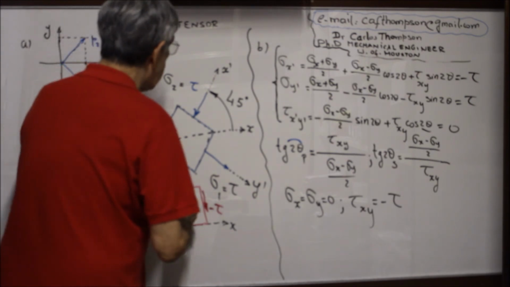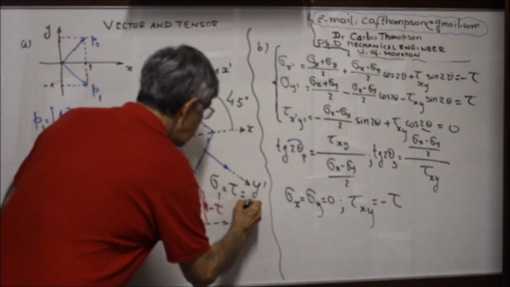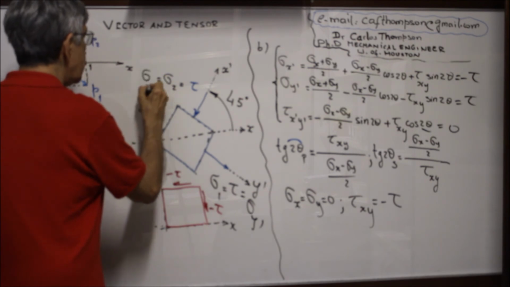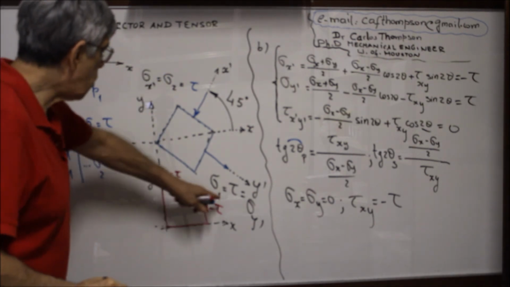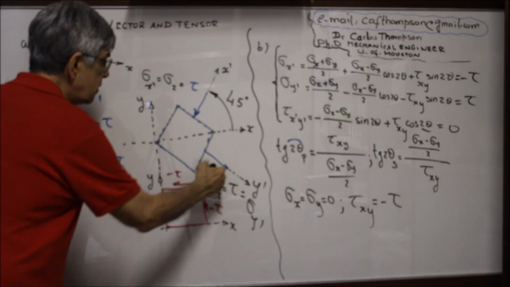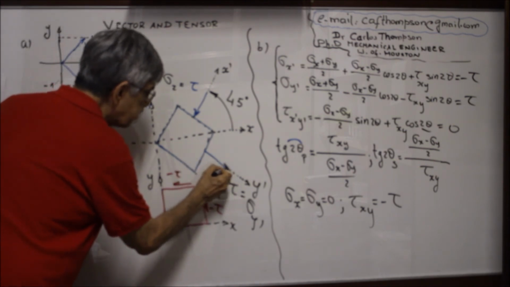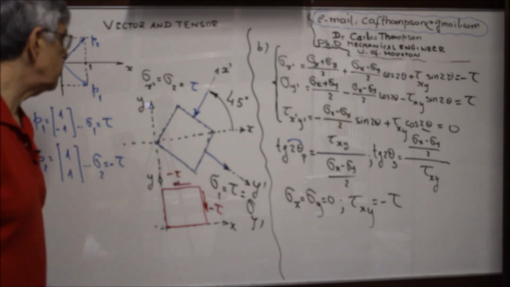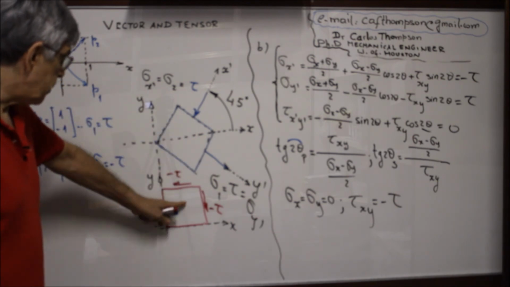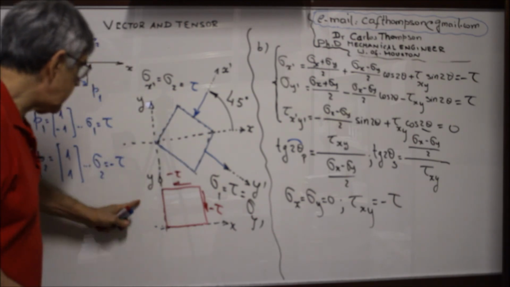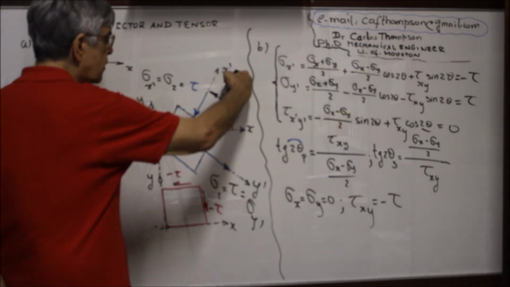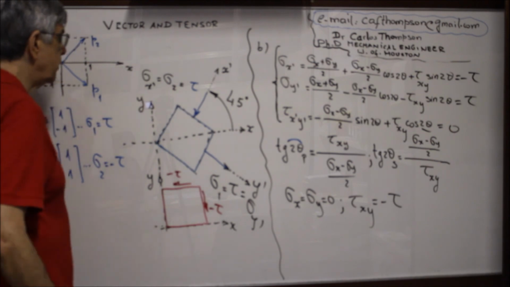This is sigma, let's write here. This is equal to sigma y prime. This is equal to sigma x prime. Now sigma y prime is plus tau. You see, the arrow here is plus tau. And obviously there is no shear over here. You see? So we came from xy, x, and then we came up with x prime and y prime.